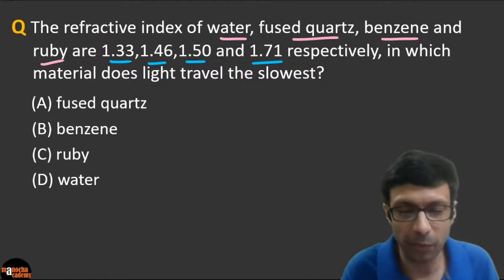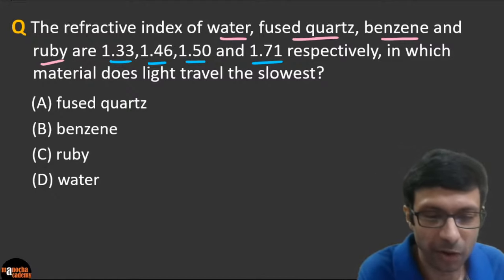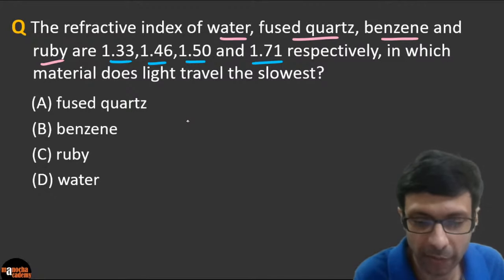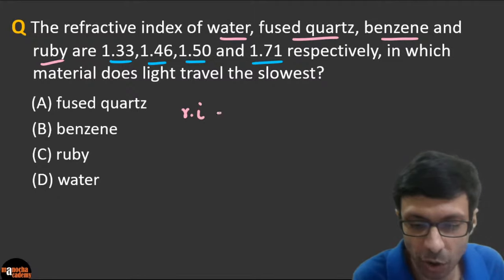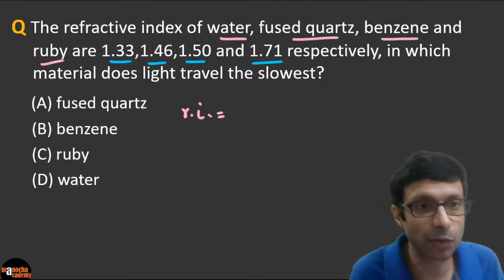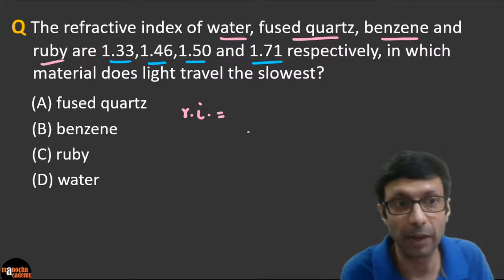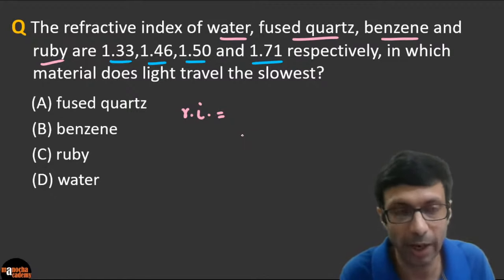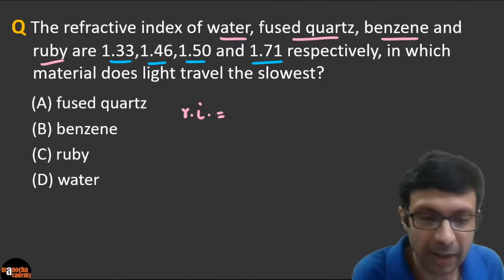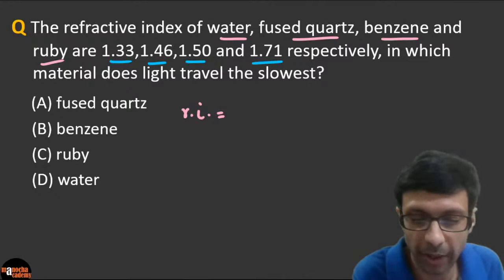Right? So you know what refractive index is? A refractive index of a material. What is the definition? Refractive index, I'm going to just write it as RI in short, right? So refractive index of a material, if you're talking, typically we take the light is coming from vacuum, right? Or air. So we can say it is the speed of light in vacuum or air.